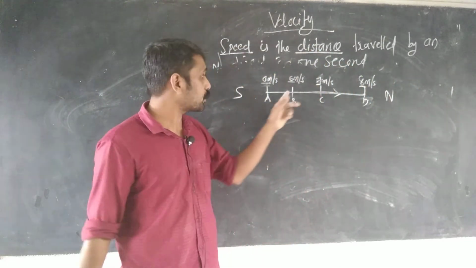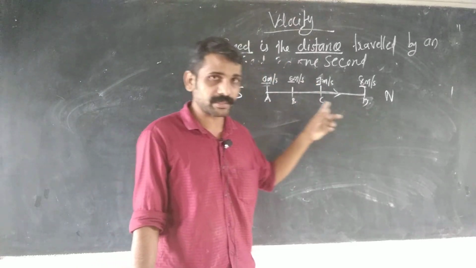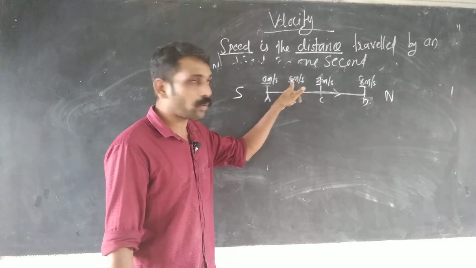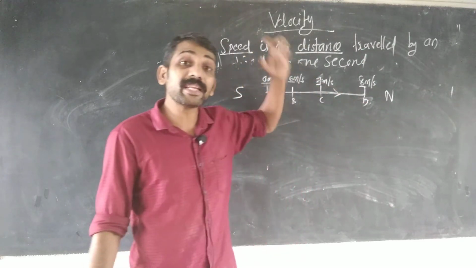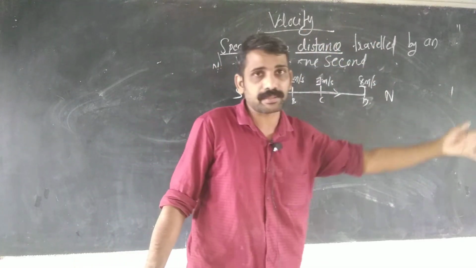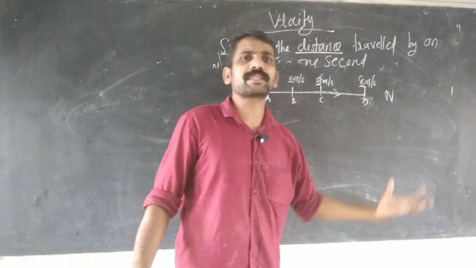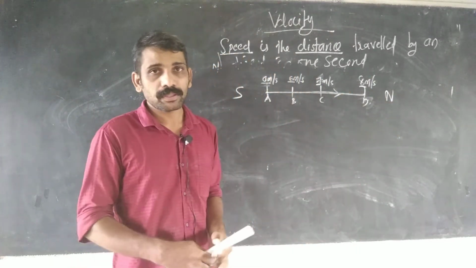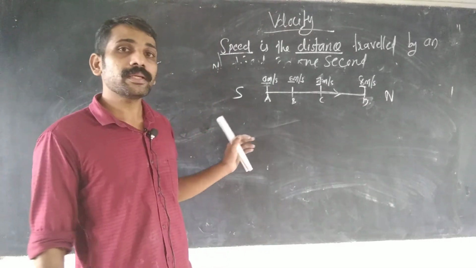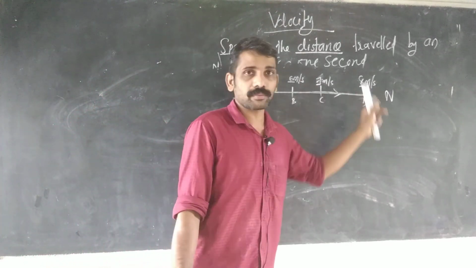So direction is not changing, but magnitude is changing: 0, 5, 7, 8. Magnitude is changing, but direction is always toward north. So in this case, velocity will be changed.